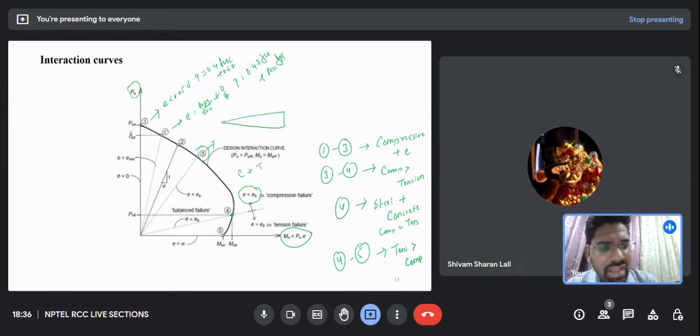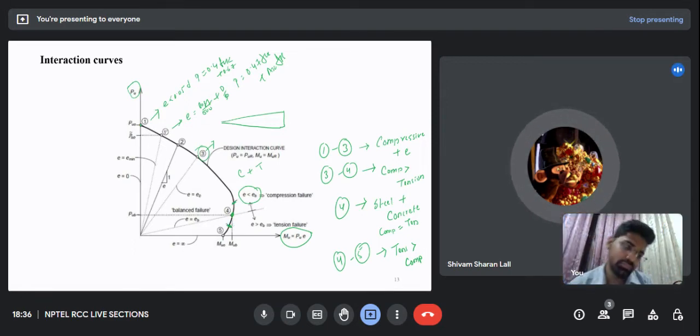Now I have a question. When you design this column, would you suggest me to design it at a point which is less than 4, or a point which is greater than 4? Sir, less than 4, because concrete is poor in tension.